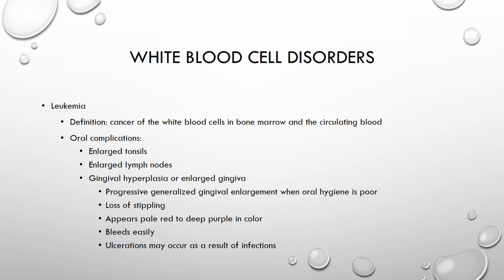Loss of stippling appears pale red to deep purple in color in the gingiva. It bleeds easily, and ulcerations may occur as a result of infections due to the loss of white blood cells.